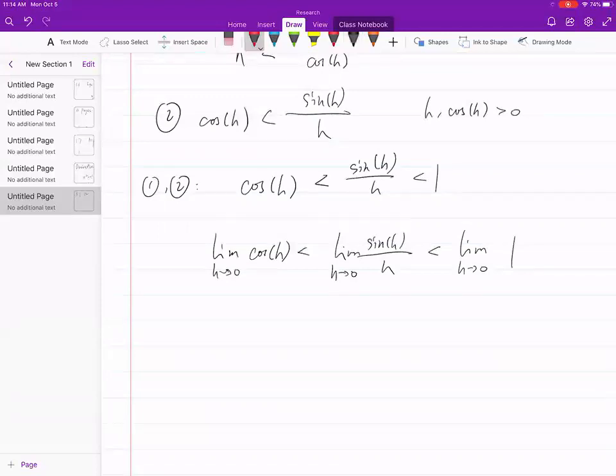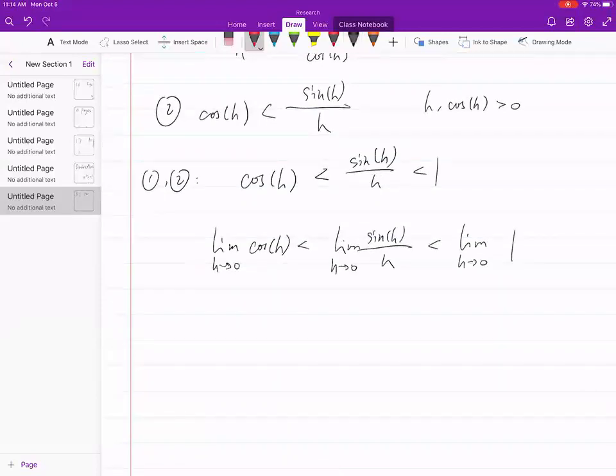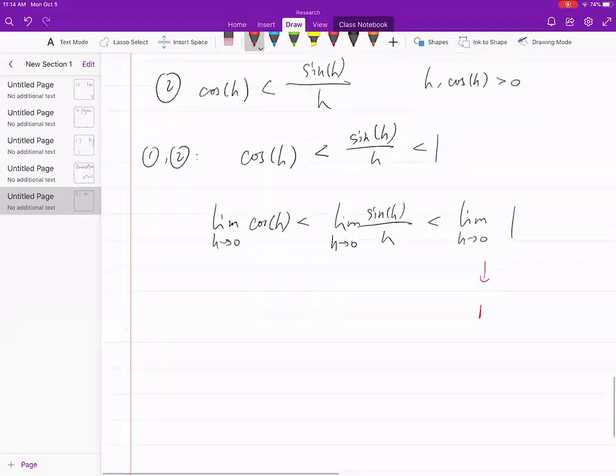All right, cross your fingers. Hopefully they match. The right is easy. This is 1. The left, well, it's cosine 0. Still okay? What is cosine 0?